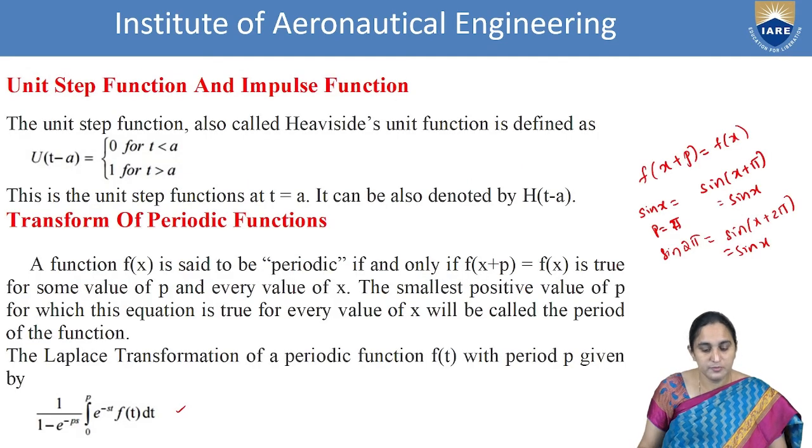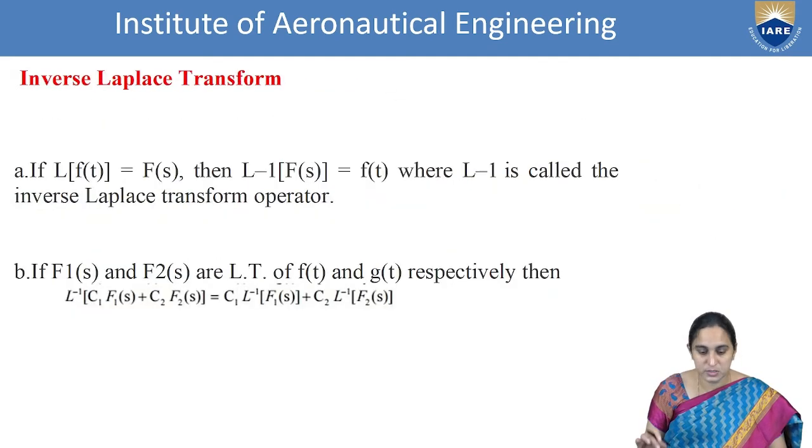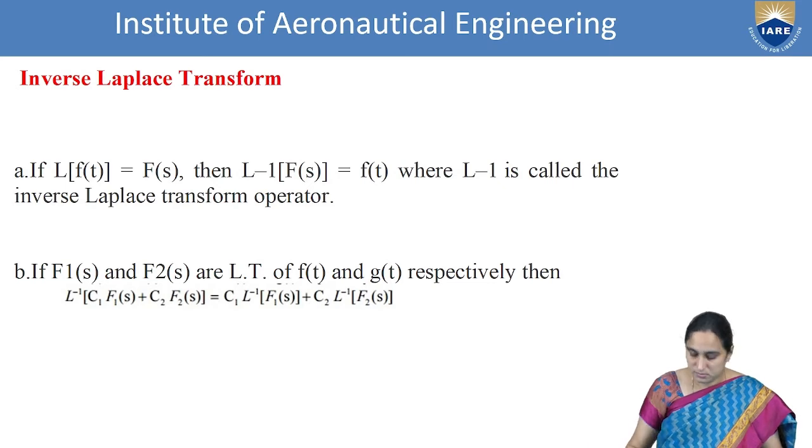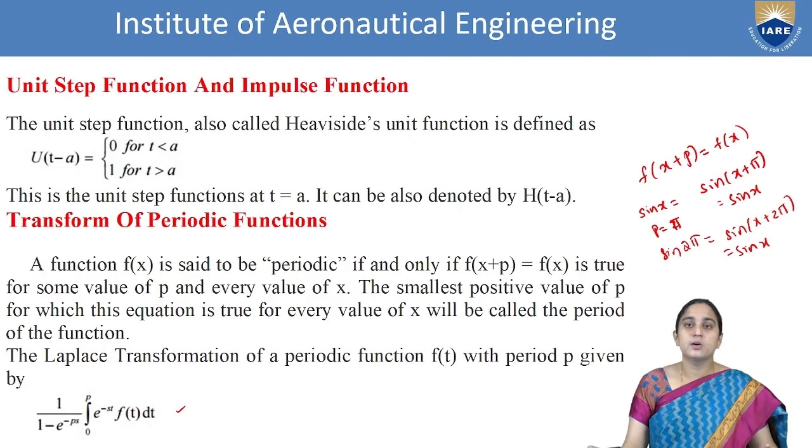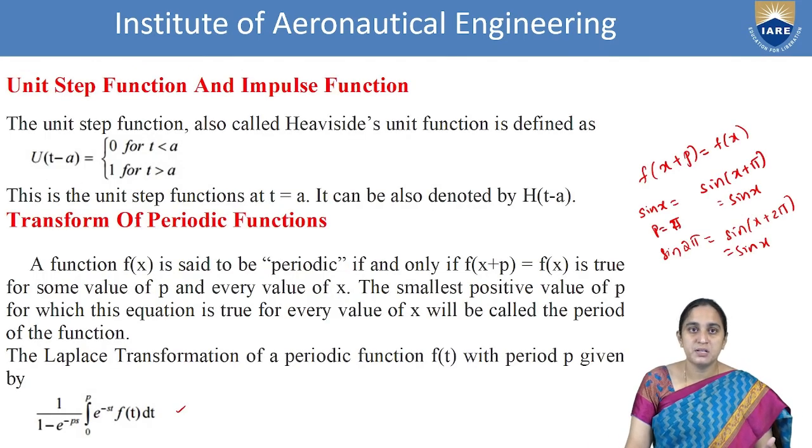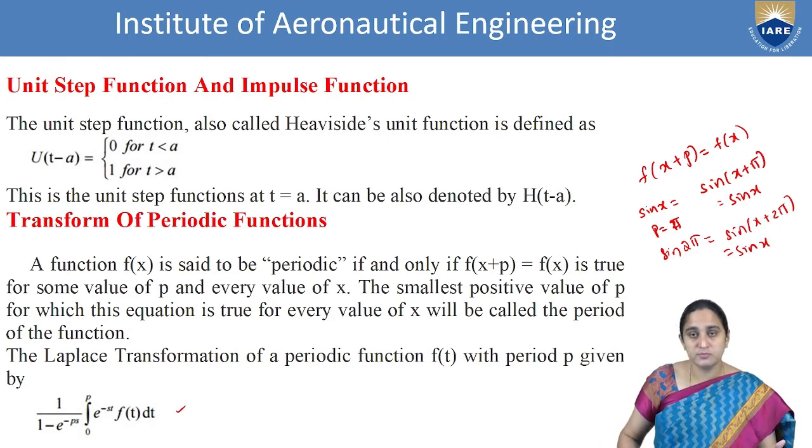That's the formula for the periodic function. Now I'll go through the questions here. These are the concepts of the Laplace transform, a brief explanation of each and every definition.